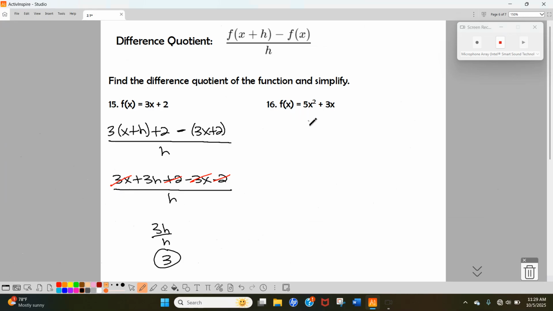All right, so using the difference quotient, we're going to plug x plus h in for x. Then we're going to subtract the function itself and put it over h.